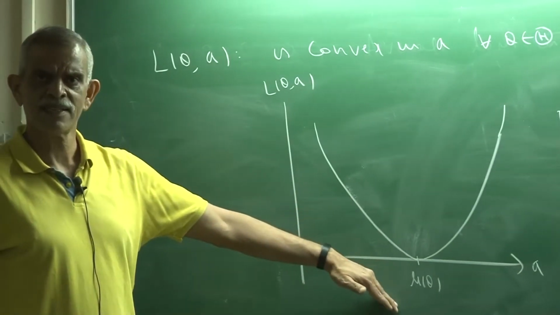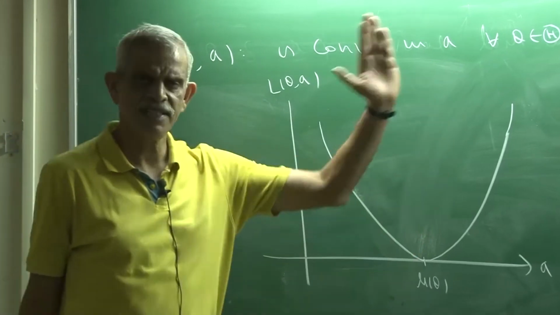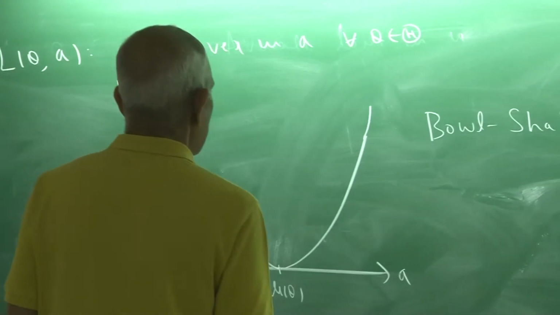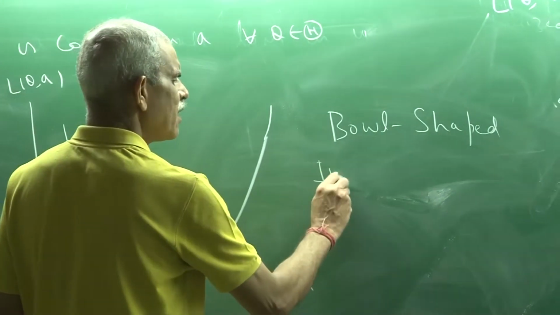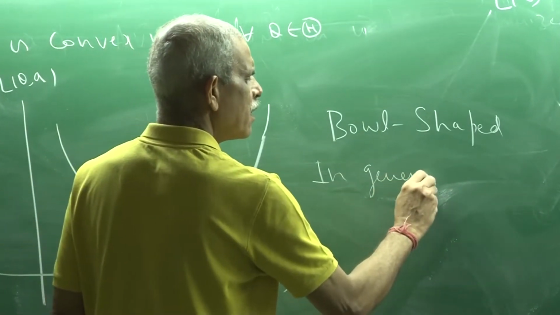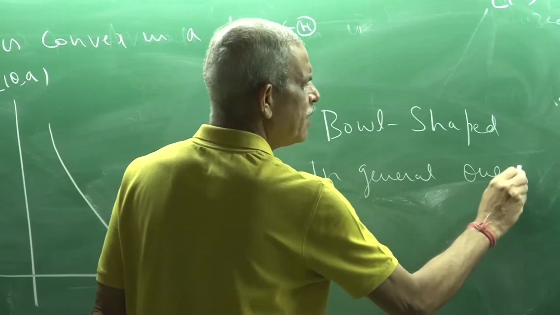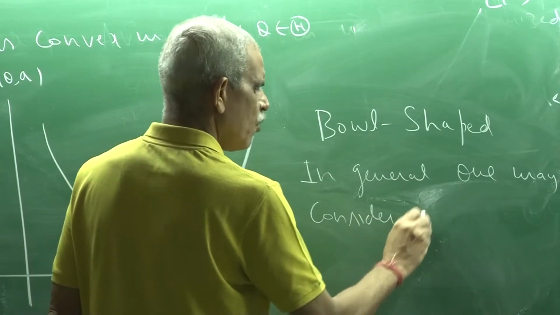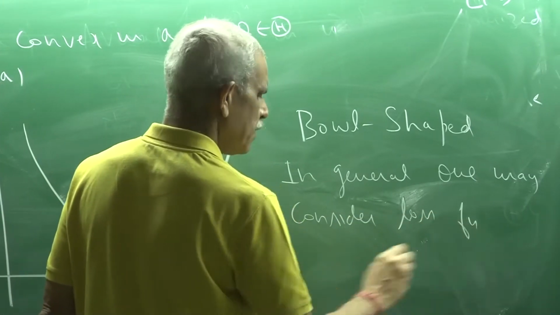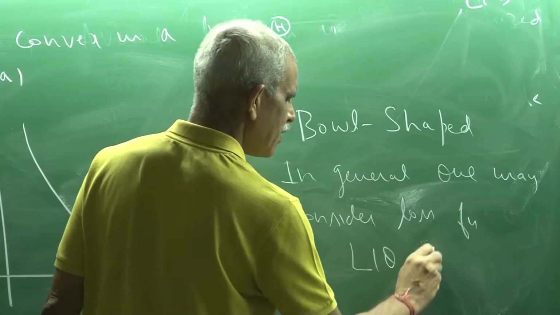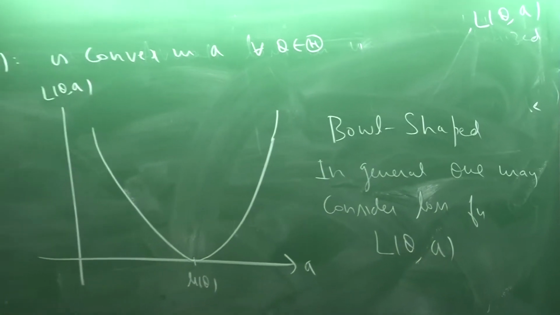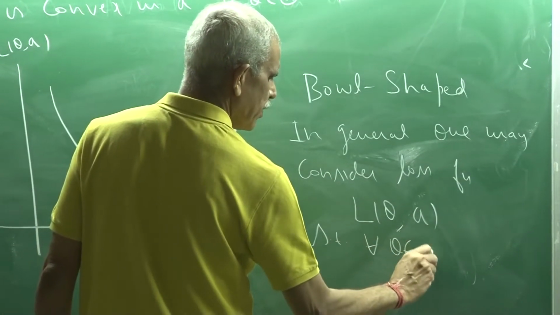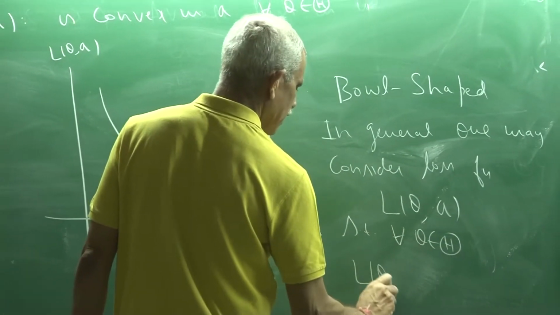It is decreasing before mu theta and increasing after mu theta as a function of A. So in general, one may consider a loss function L theta A such that for every theta belonging to capital theta, L theta A is a convex function.